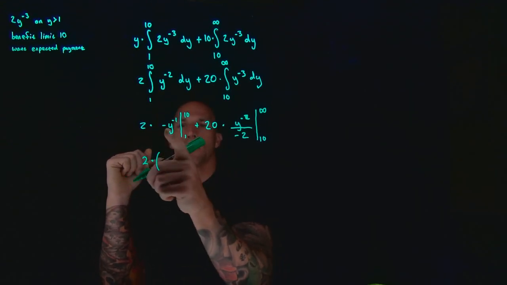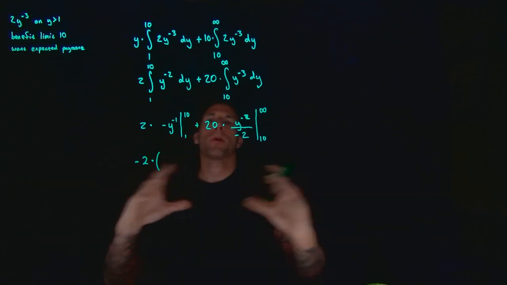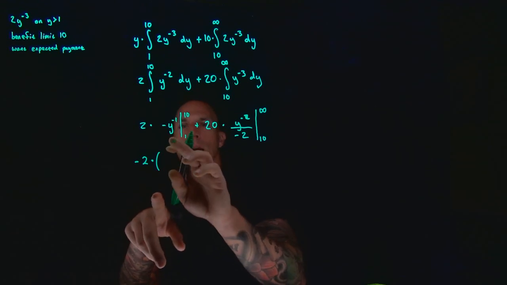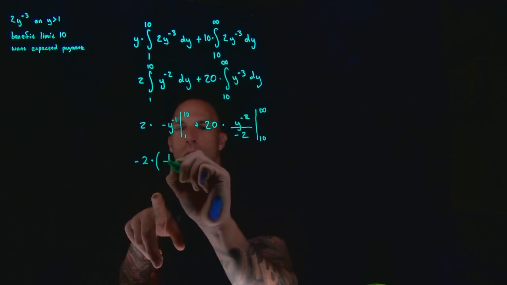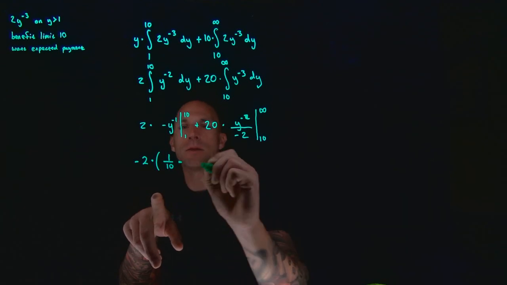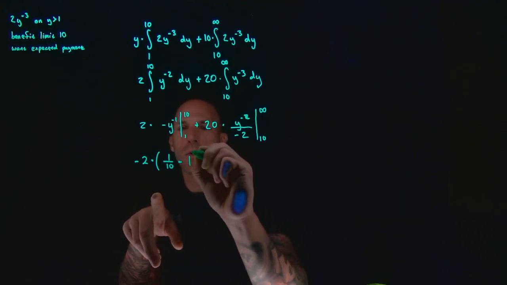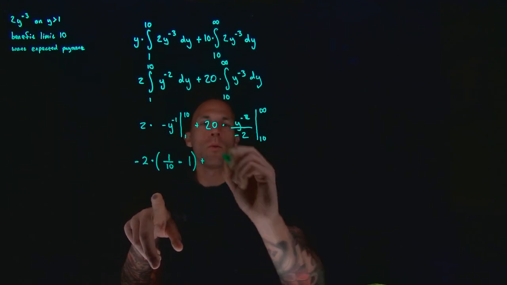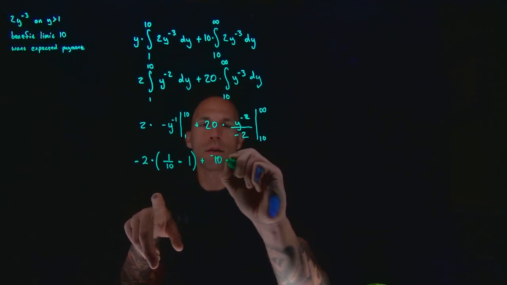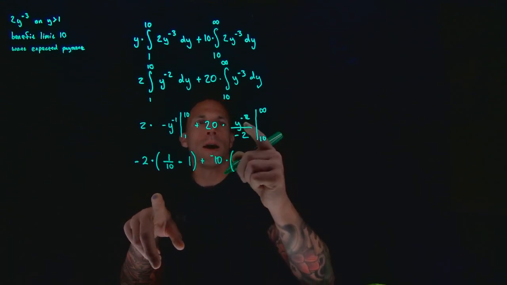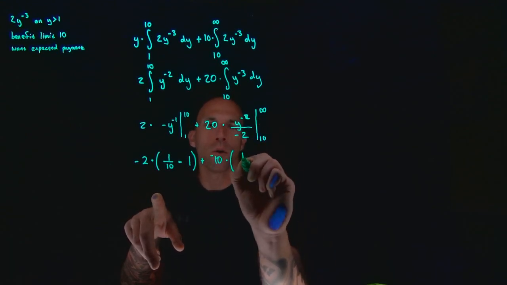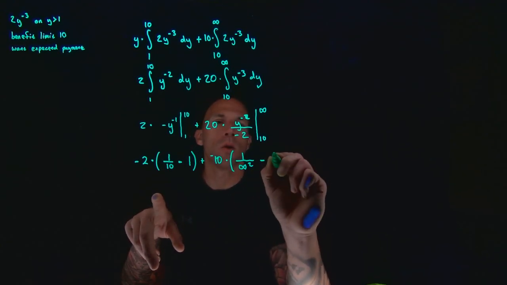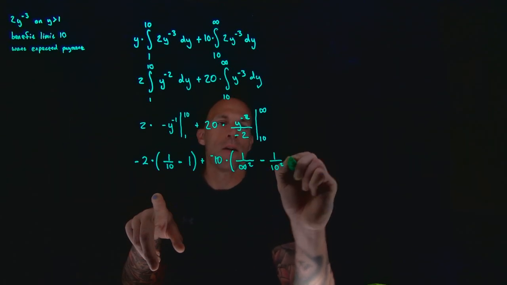So this is really 2 times negative 1. This is a negative 2 out front. It's personal preference how you go about solving the integral, what's easiest on your mind. Y to the negative 1 is the same as 1 over 10 minus 1 over 1, which would just be 1, plus 20 divided by negative 2 would be negative 10 times y to the negative 2, so that's really 1 over infinity squared minus 1 over 10 squared.